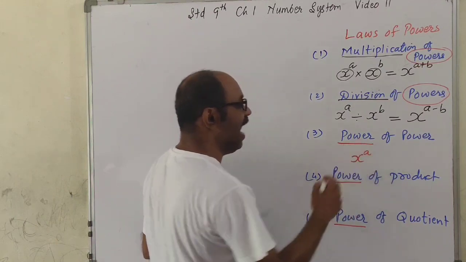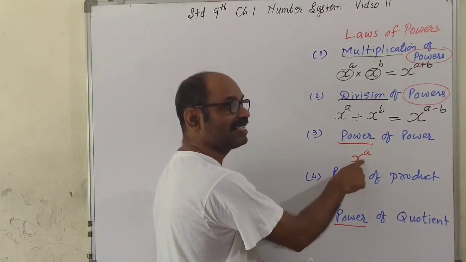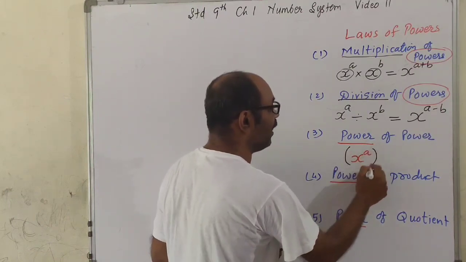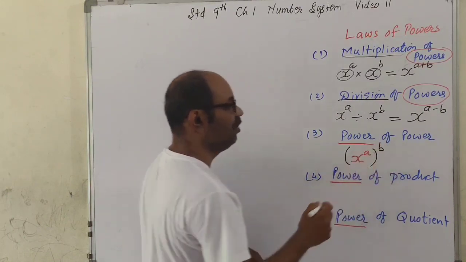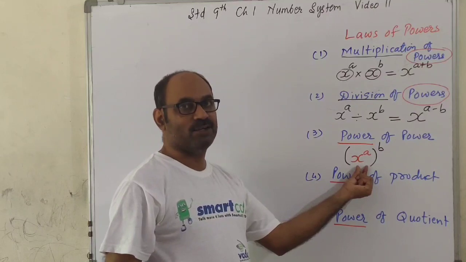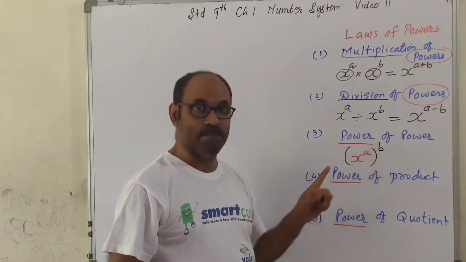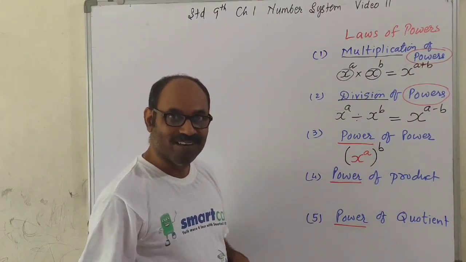The next one. X raised to a. That is the power. Now what is the base of this power? X, and the exponent is a. But I am taking this in the bracket and making it the base, raised to b. So this is another power. The red part that you see is 1 power, and red is taken as base, and the exponent is b. That's another power. So we call it power of power.